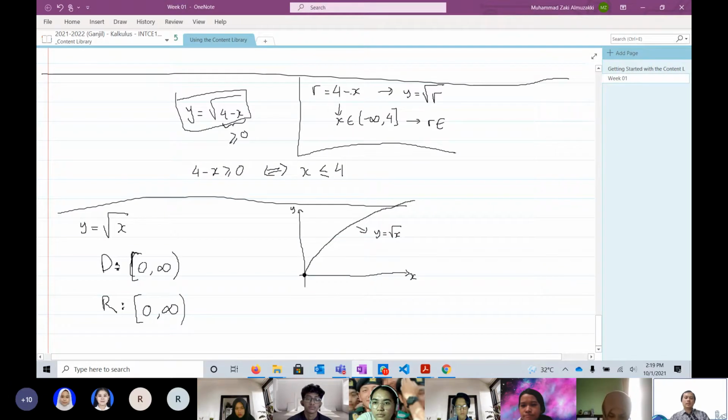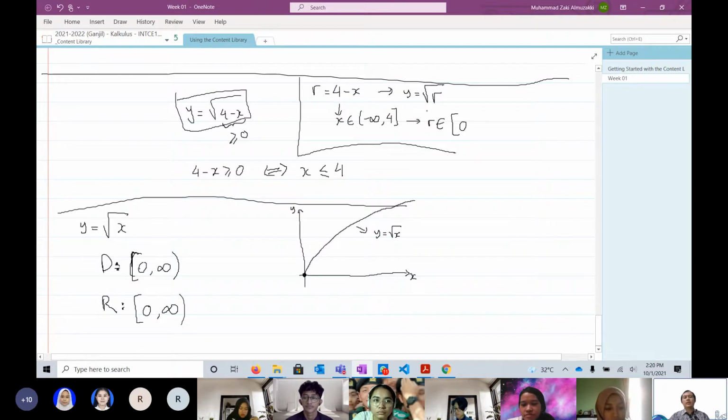So we take a look at this. If we take x equal to 4, r is 0, and then we go to the left. Let's take x equal to 3, then r equals 1, x equal to 2, r equals 2, x equal to 0, r equals 4.